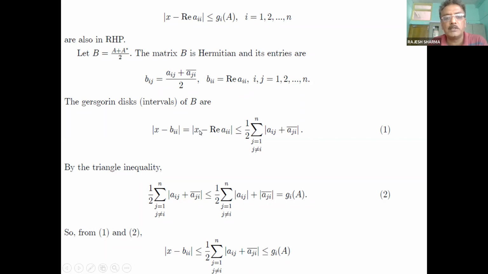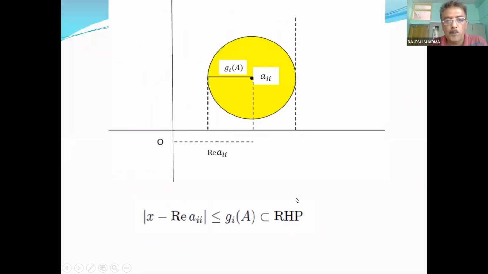This is the Gershgorin disk: |x - Re(a_ii)| is less than or equal to half of this sum. Now by the triangle inequality, this part is less than or equal to half the sum of |a_ij| + |conj(a_ji)|, and this is G_i(A).